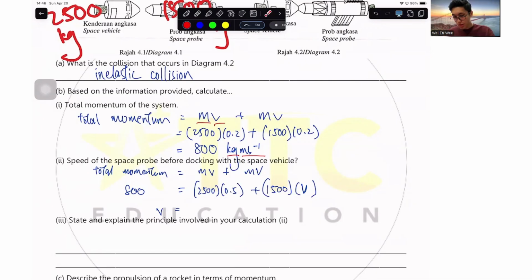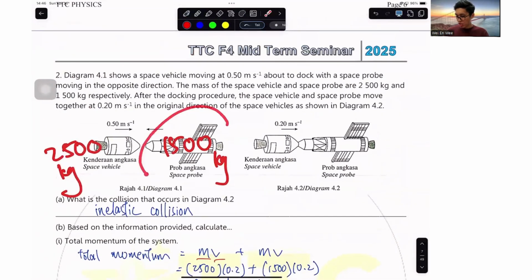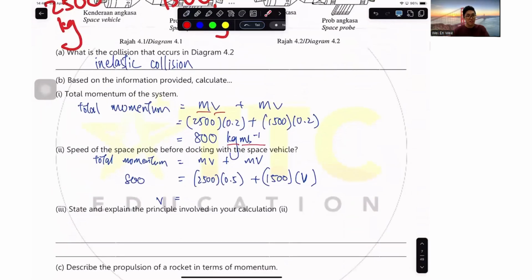Okay, you give me the V, and don't worry if it's a negative number, you are supposed to get a negative number because originally this guy was moving in the opposite direction. You are supposed to get a negative velocity one.